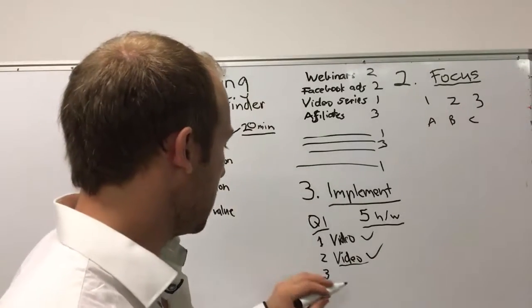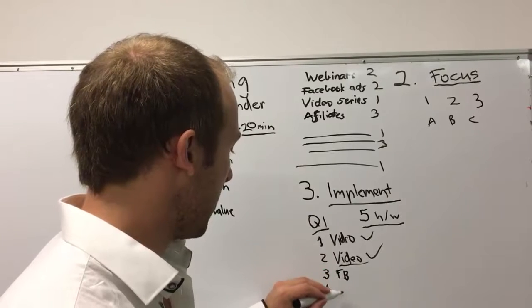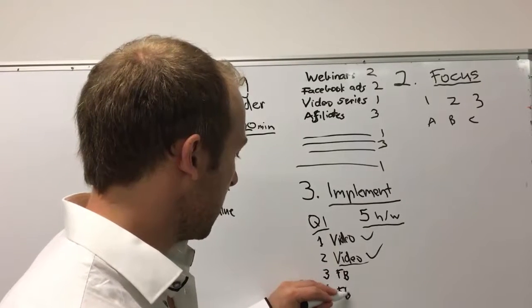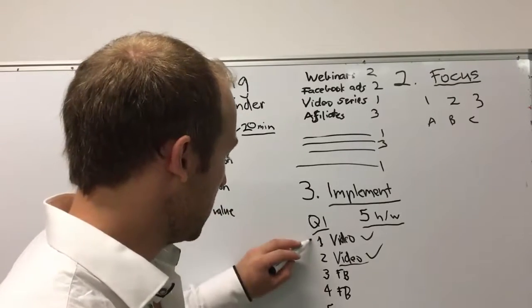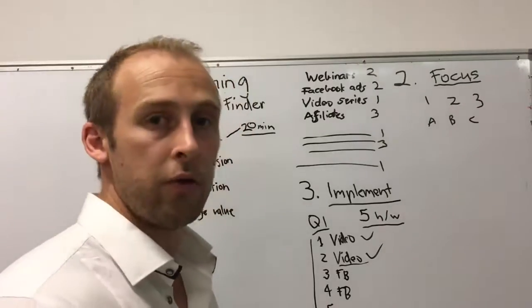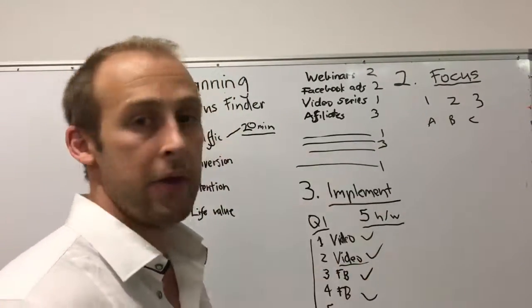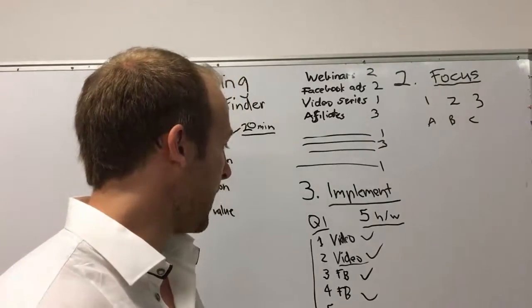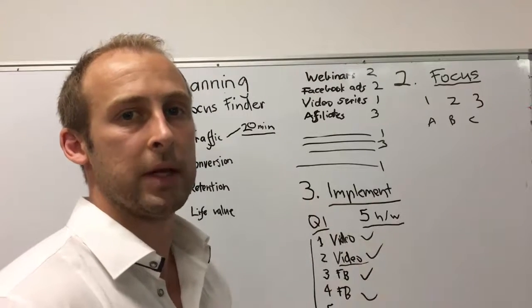So we continue to plan out what we're going to do for the quarter. So we would do that for all of these, and we should have a quarterly plan of 13 weeks of implementation. If you go through and manage to check off all of those by the end of the quarter, you're going to have a handful of new things that you've implemented.